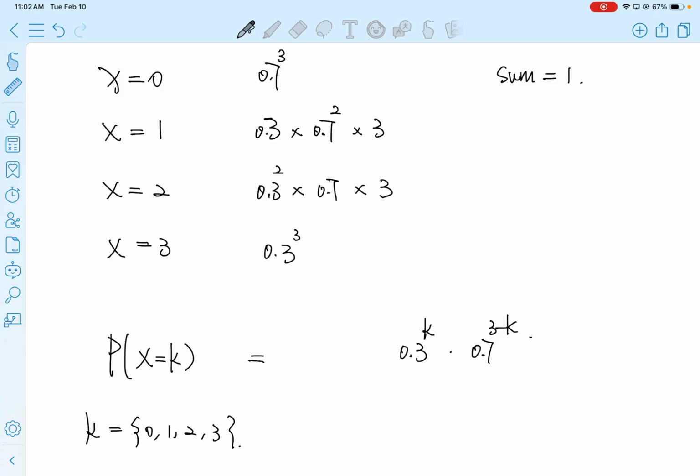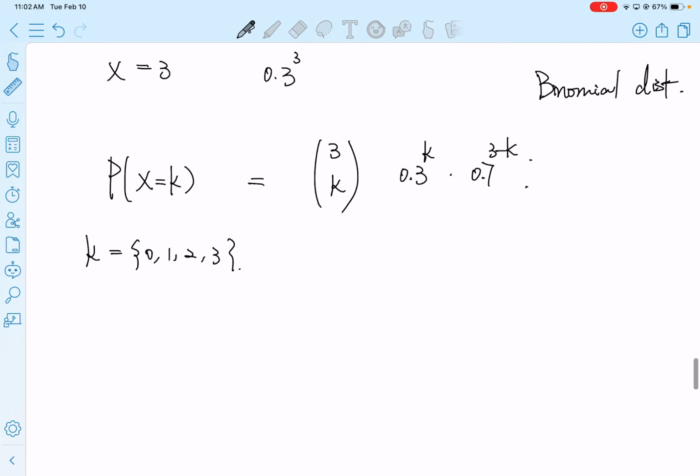So then we need another mechanism to describe this random behavior. And this can be done by the binomial coefficient. So here we have the 3, and we write it as 3 choose k. This is essentially how we build a binomial distribution by using a more specific concrete example.